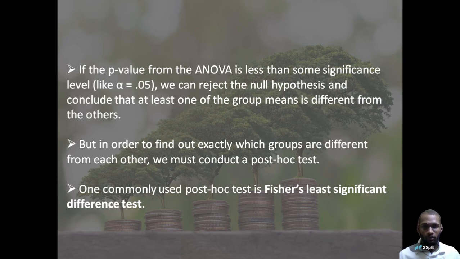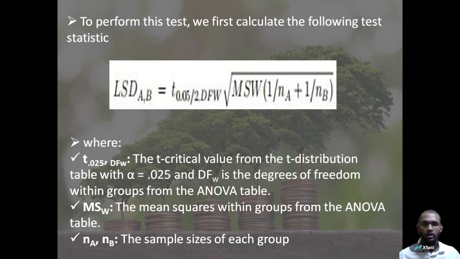But in order to find out exactly which groups are different from each other, we must conduct a post hoc test. One commonly used post hoc test is Fisher's least significant difference test. To perform this test, we first calculate the following test statistic. The manual calculation of the LSD is given.